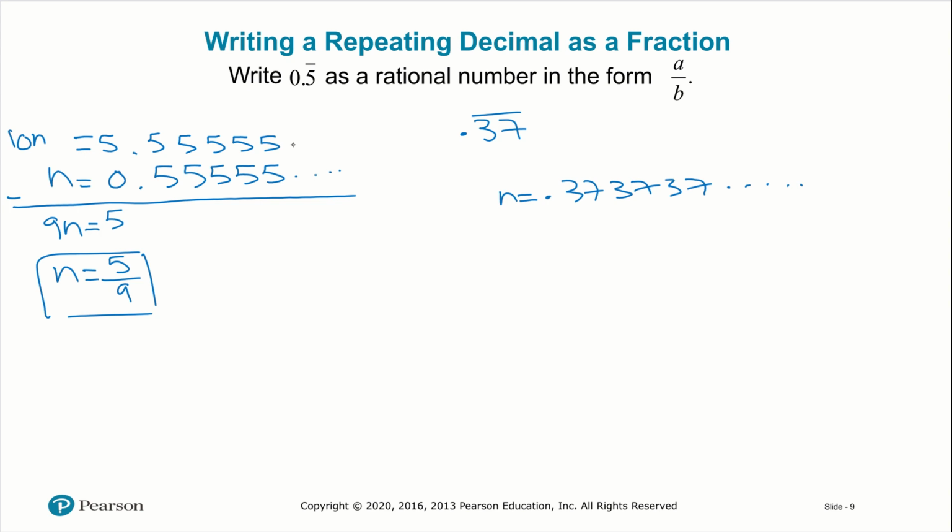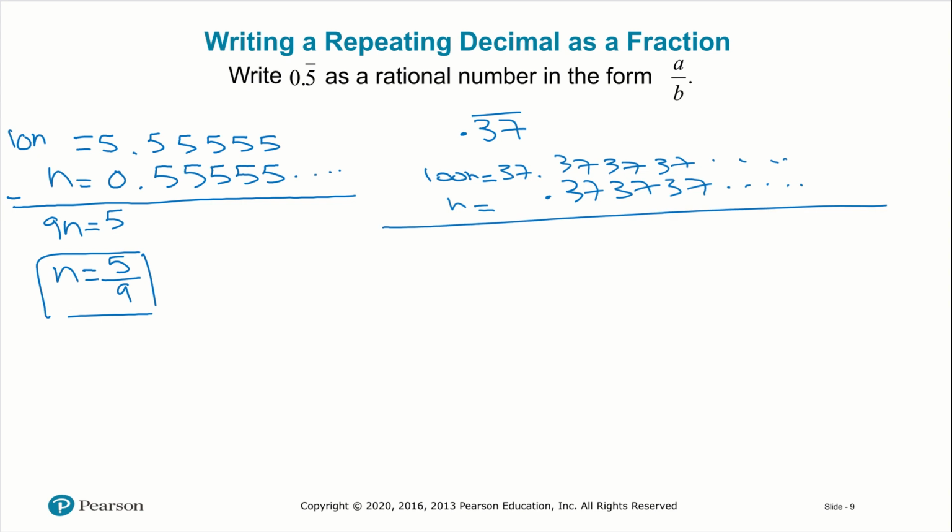And so instead of multiplying n by 10, as in this case, we're going to multiply by 100, and we end up with 100n equals, notice we're going to move the decimal 2 over. So let me move this a little bit to the left. So we get 37.373737, etc., right?